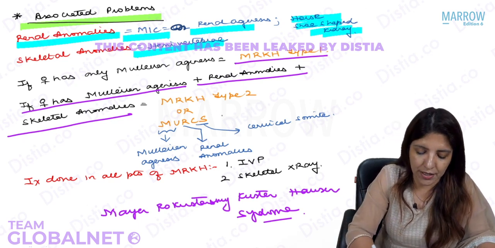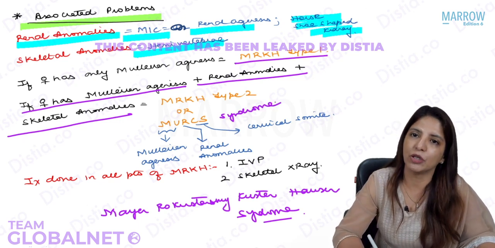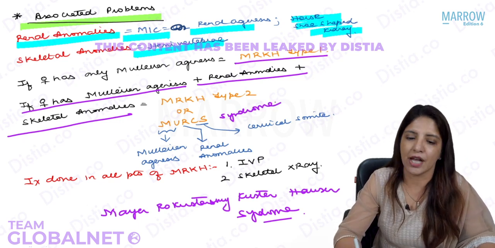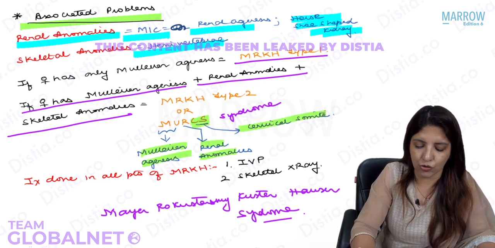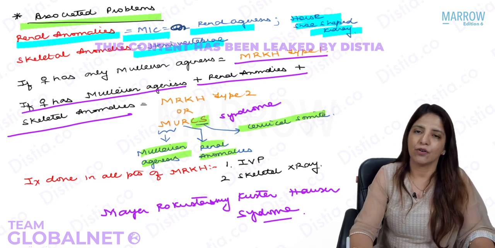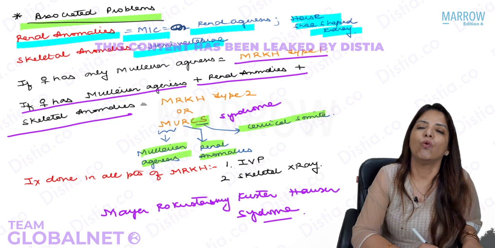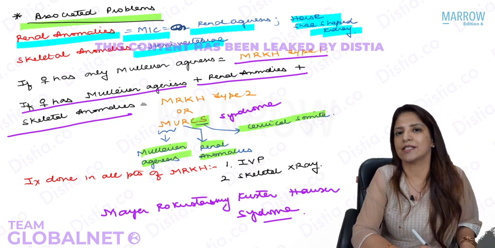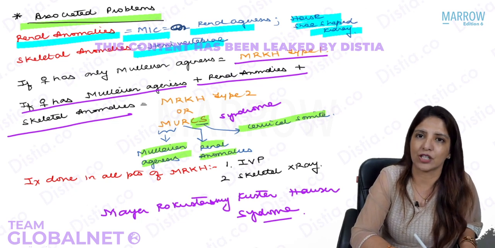Now, what is MURCS syndrome? In MURCS syndrome, MU stands for Mullerian agenesis, R stands for renal anomalies, and CS stands for cervical somite. Right? So if there is a Mullerian agenesis female who along with Mullerian agenesis has renal anomalies and skeletal anomalies, you call it MRKH type 2.